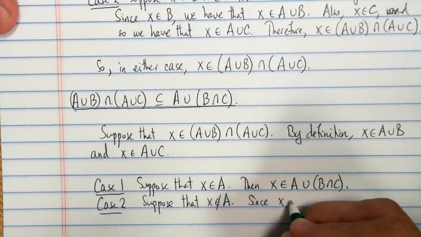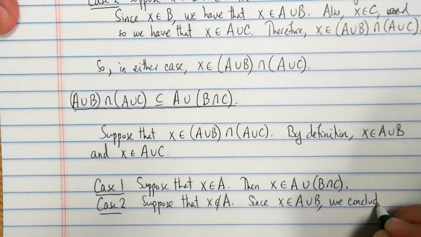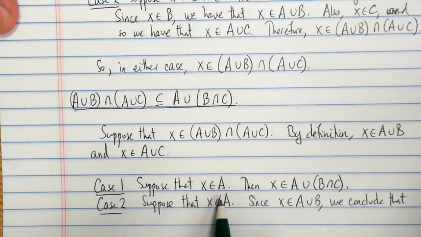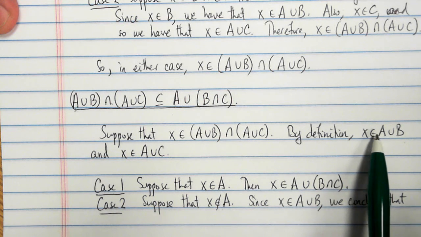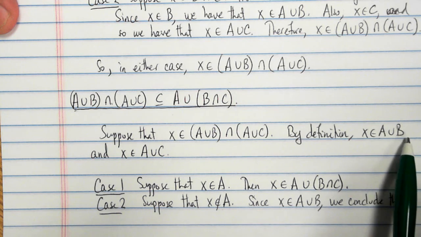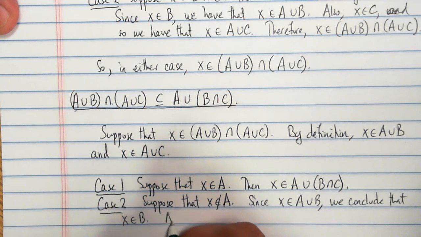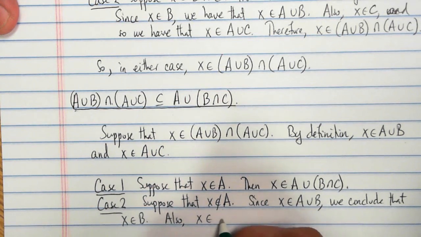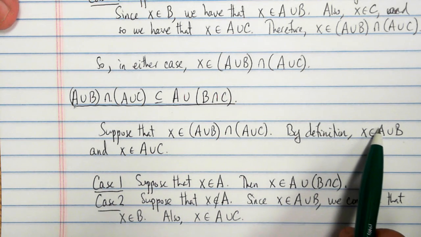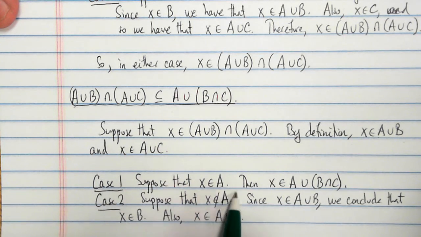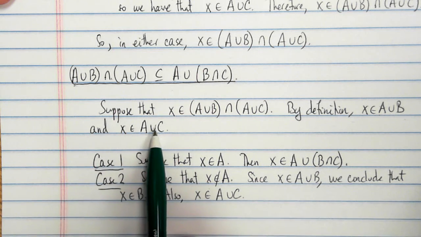Since X is an element of A union B, we conclude that... So X is not an element of A, but X has to be in A union B. So if X is in this union, but it's not in A, then the only possibility left is that X is in B. Also, X is an element of A union C. So X is in this union, and also X is in this union. So if X is not in A, but X is inside of A union C, then it has to be that X is inside of C.